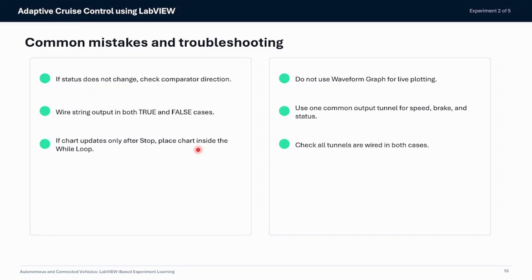It is a recorded one, so it does not vary the graph online. Only after the stop button it is working. Do not use the waveform graph for live plotting. Use one common output tunnel for the speed, brake, and the status. Check all tunnels and wires in both cases.